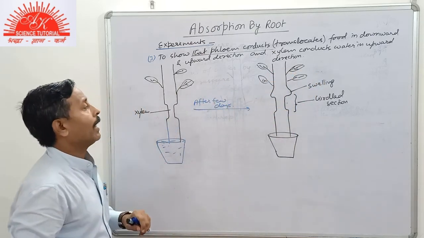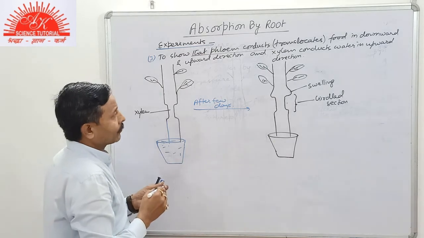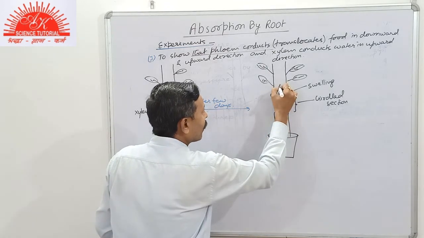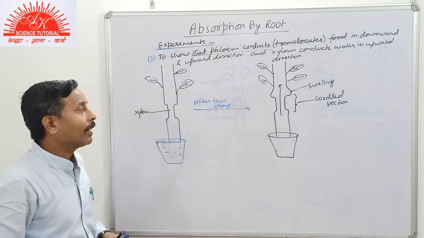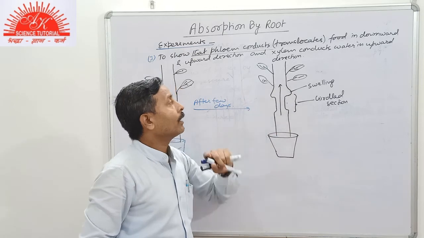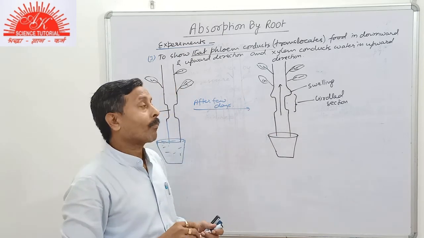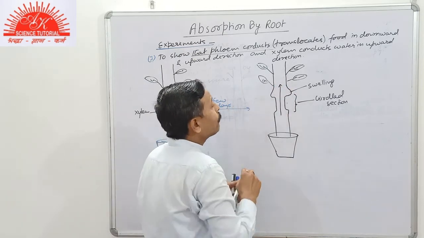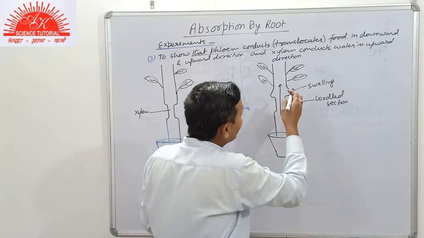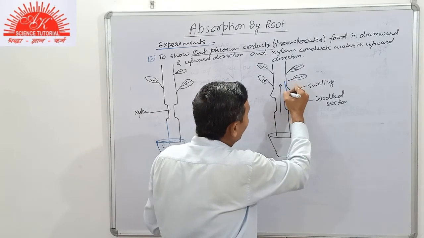The reason is that through the intact xylem, the water continues to move in upward direction. The leaves continue to receive water, they remain turgid. But the food prepared in the leaves is unable to move downward.